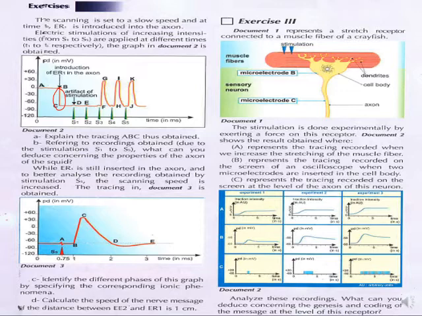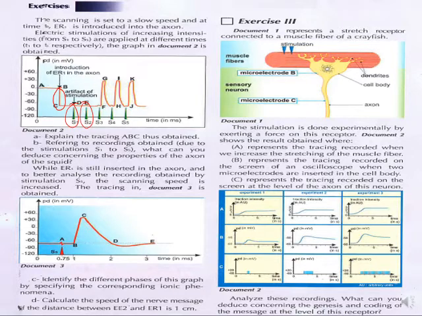This is part A. Part B refers to the recordings obtained due to the stimulations S1 to S5. What can you deduce concerning the property of the axon of the squid? When we did stimulations of increasing intensity, S1 and S2, there is no action potential.